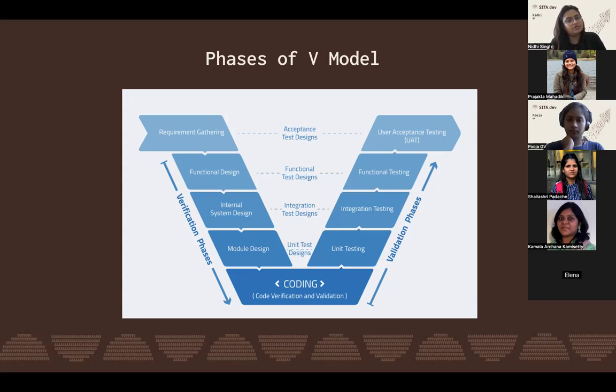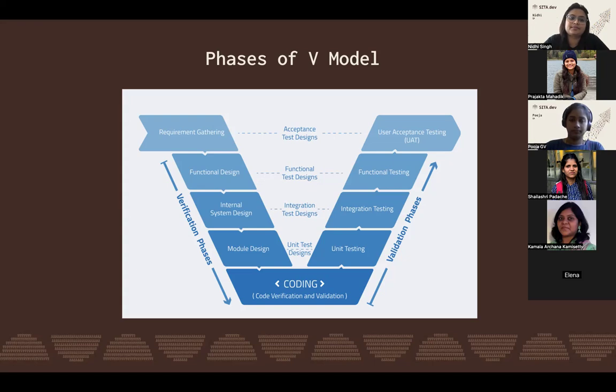We are checking whether we have built the right product or not. Now the software is in our hand, we have to check it is meeting the user requirement or not. This is validation. This is the major difference: verification is process oriented, and validation is product oriented.